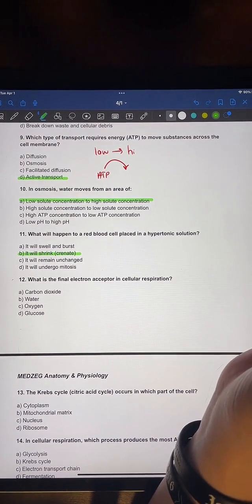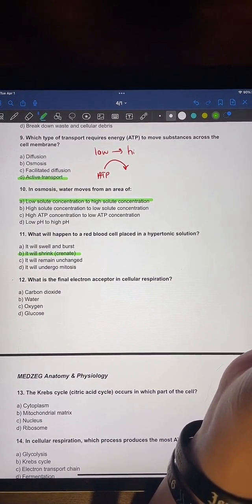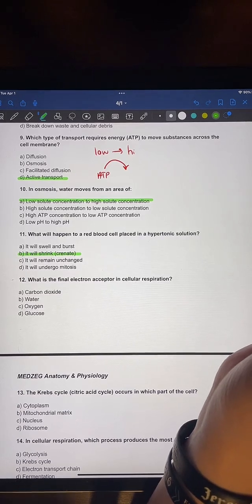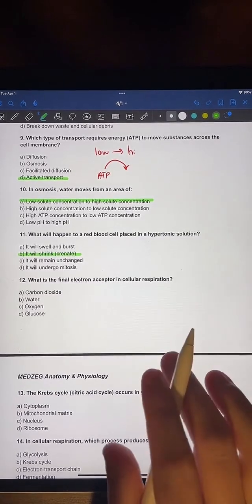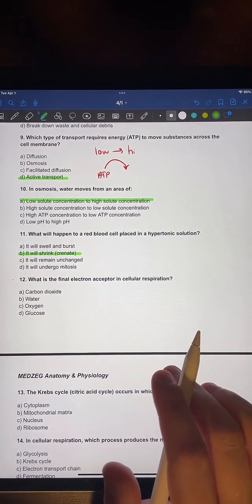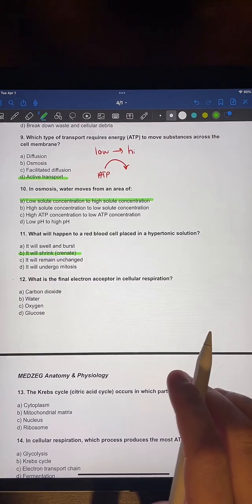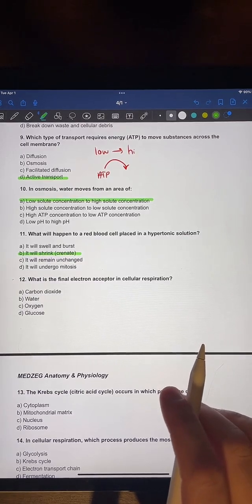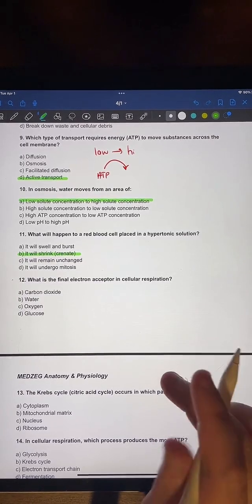So this would cause the water to leave the red blood cell, which would cause shrinking or crenation. Swelling and bursting, letter choice A, that's hypotonic. Remain unchanged is isotonic. And D, undergo mitosis. They do not divide. They are produced in the bone marrow.